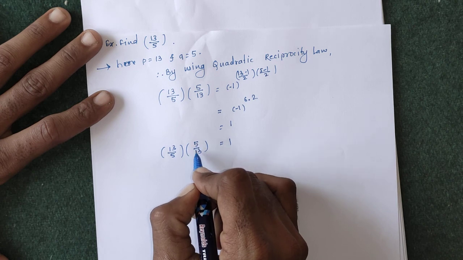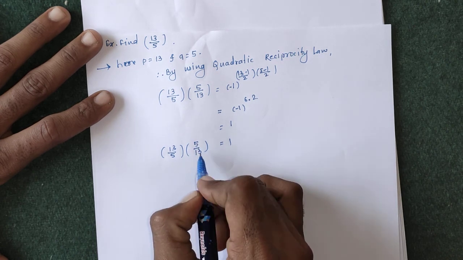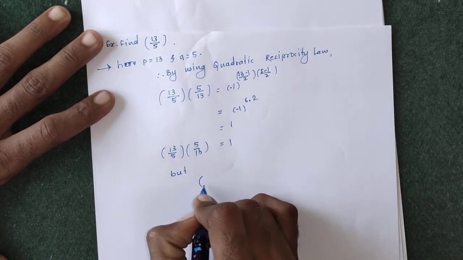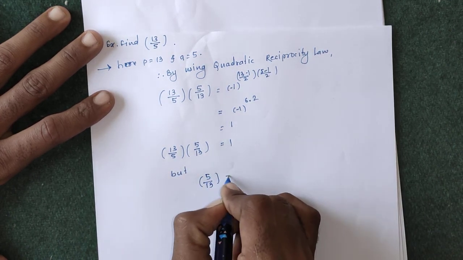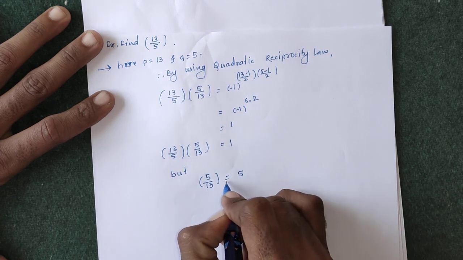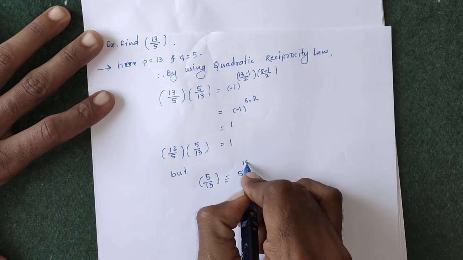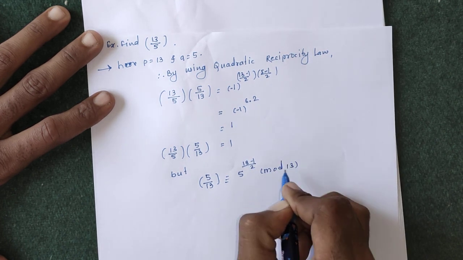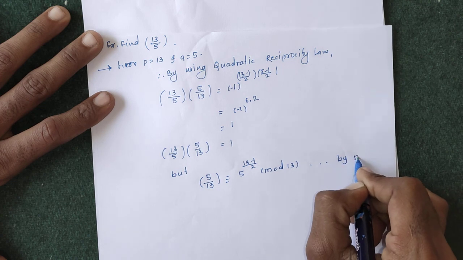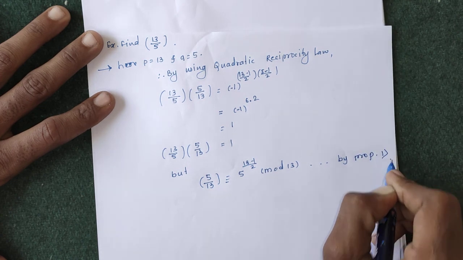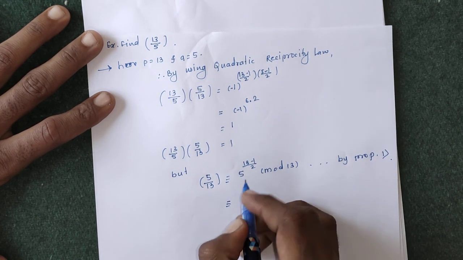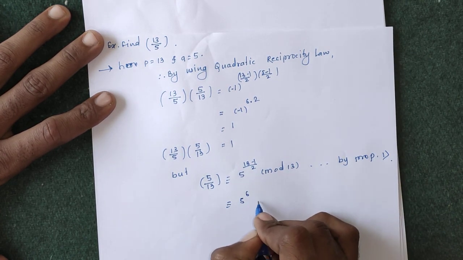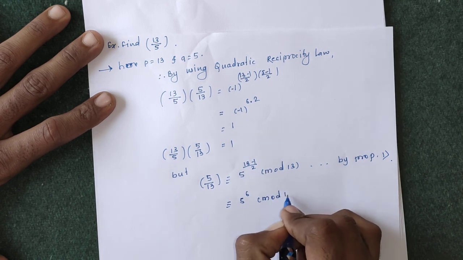So the Legendre symbol of a and p is congruent to a raised to p minus 1 by 2 under modulo p. The Legendre symbol of 5 and 13 is congruent to 5 raised to 13 minus 1 by 2 under modulo 13. This is by property number one. So this is 5 to the power 12 by 2 is 6, 5 raised to 6 under modulo 13.